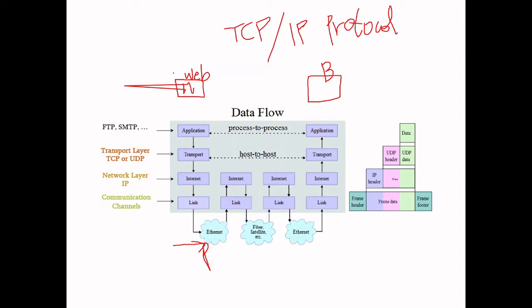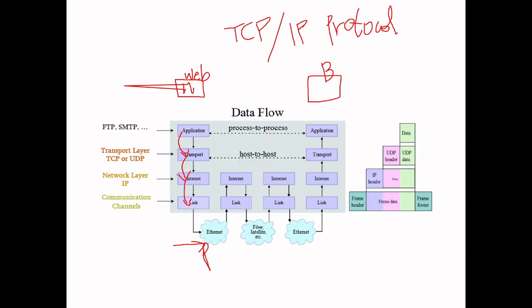When an application wants to communicate with another application, if you are writing an application program, you can make use of system calls in order to access these lower level layers. So if you want to communicate, you make a system call to set up a connection, and since we are at the application layer, the system call goes to the next layer, the transport layer, and if you're sending data, it gets transferred like this.